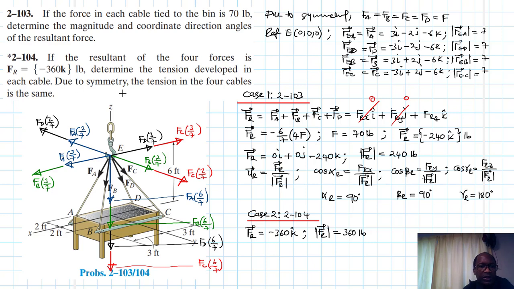The question is determine the tension in each cable, but we know there is symmetry, so we are just going to use this equation here. We know the resultant is just equal to this value there.